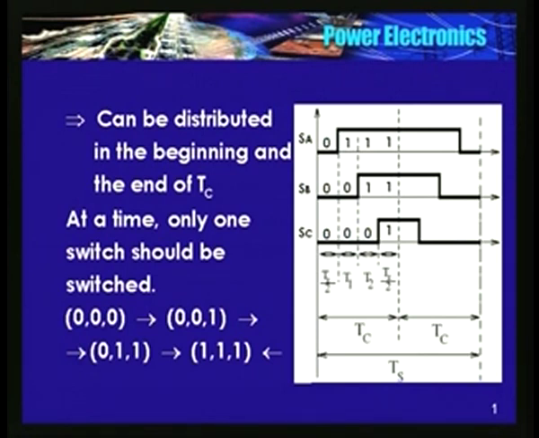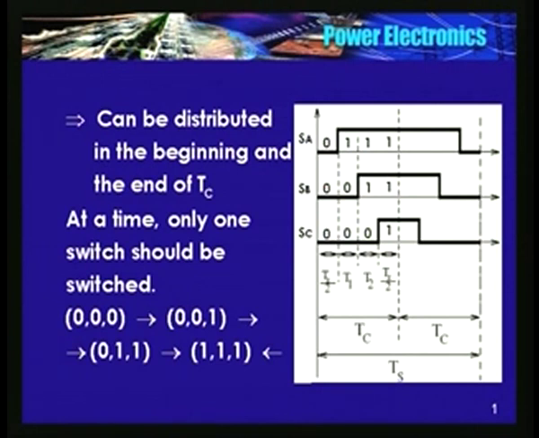At the end of that period, I will turn off the upper device of phase B, okay. See here, A phase is 1, B phase has become 0 and C phase is 0. This is 001, okay.